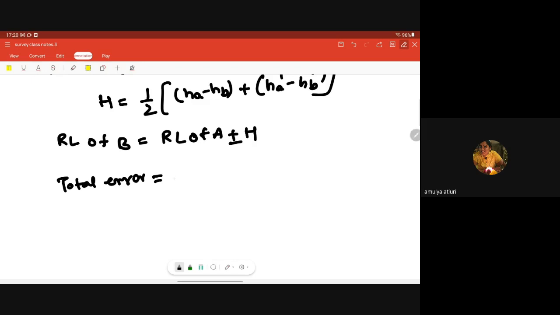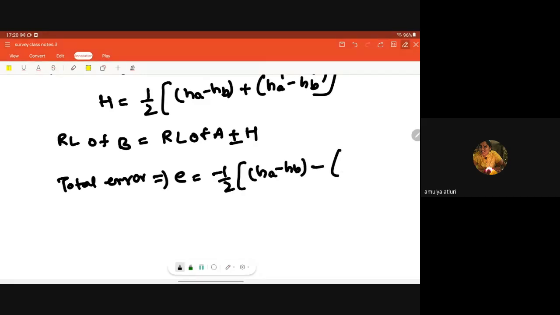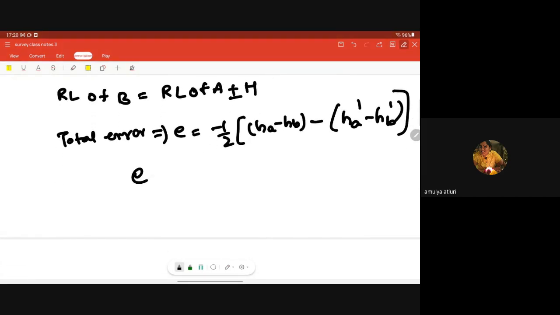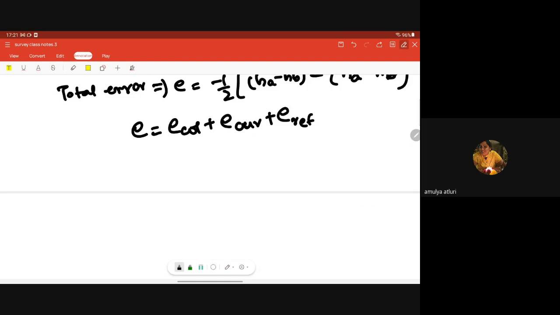Total error E is equal to minus 1 by 2 of HA minus HB minus HA dash minus HB dash. So total error E is equal to error due to collimation plus error due to curvature plus error due to refraction. We have previously discussed what these errors are and what their values are, right?